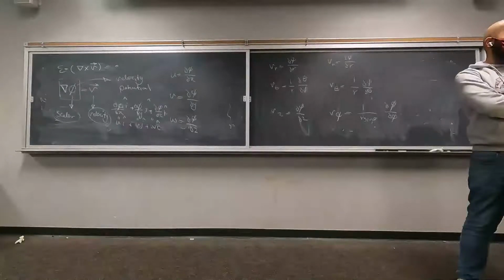Okay, but here we only can calculate partial u partial y. What is partial u partial y? This is the formula for u. Essentially partial u partial y is going to be equal to partial y of v infinity times y over delta to the power 0.25. What is this derivative?